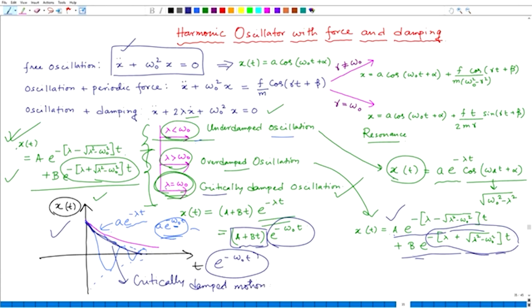What we have seen is a little bit counterintuitive, but critically damped motion damps much more quickly than even overdamped motion. Underdamped motion we can even forget now. With respect to overdamped motion, critically damped motion decays much more quickly.